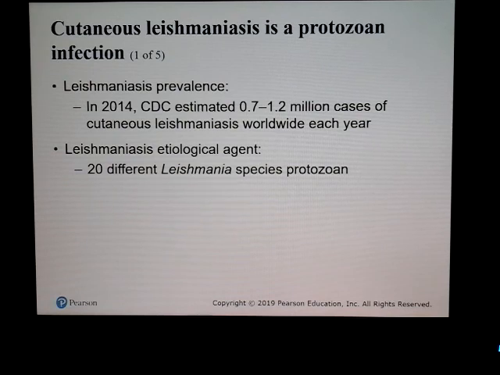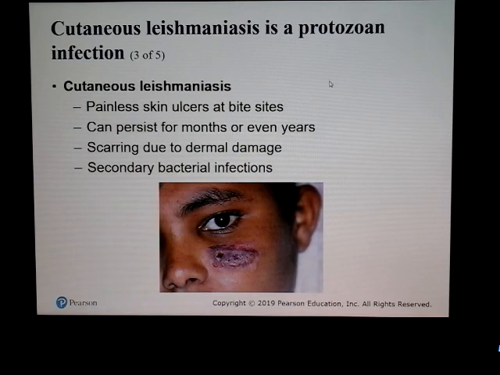Leishmaniasis, this one is actually caused by what we call a protozoa, and believe it or not, it's believed that this microbe causes anywhere from 700,000 to 1.2 million cases a year, infects people's skin. And here's a good example. If you guys take a look, this is usually painless.